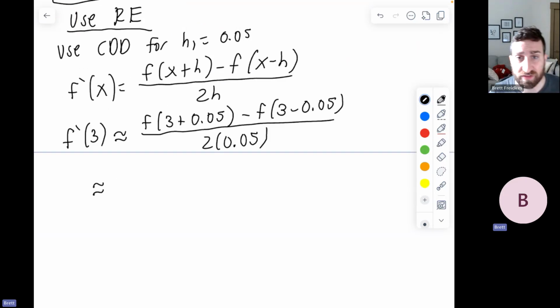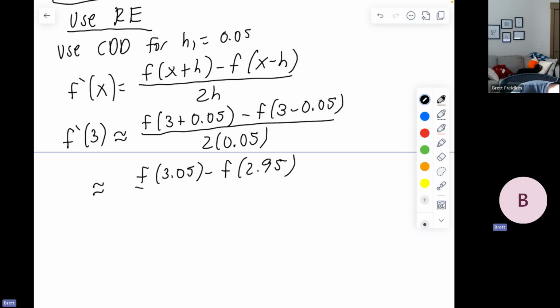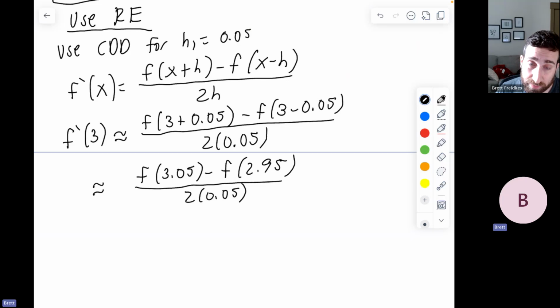And I'll do this just now for the first iteration to be really thorough. The function evaluated at 3.05, this whole thing is the same as f of 3.05 minus f of 2.95, divided by 2 times 0.05. That is saying to plug our 3.05, our x plus h, into the original function, not its derivative, because we're trying to approximate that.